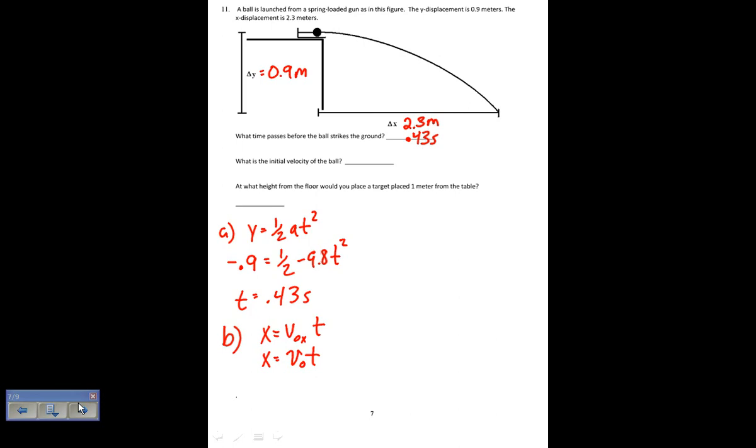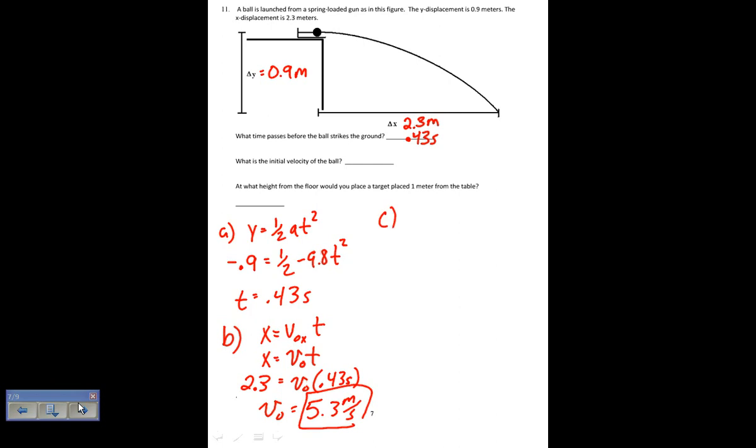The x component is the initial velocity of the ball, because the velocity is all in the x direction. So I know these values. This is 2.3 is equal to v naught times 0.43 seconds. And so I can find v naught is 2.3 over 0.43. That's 5.3 meters per second.